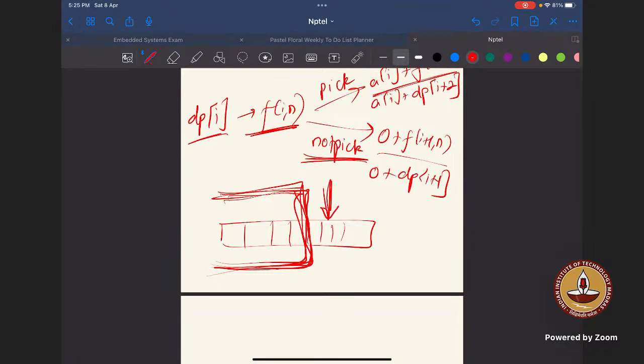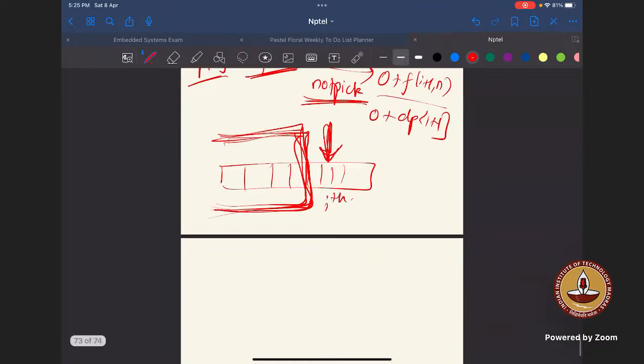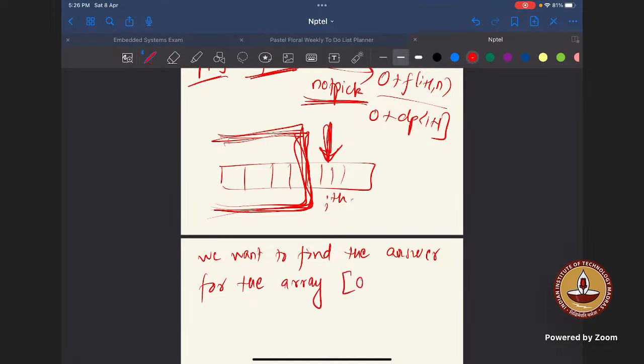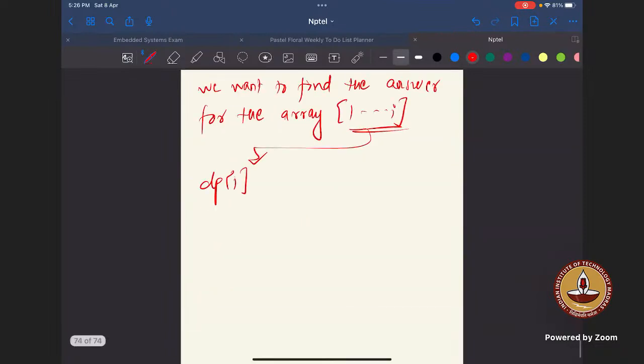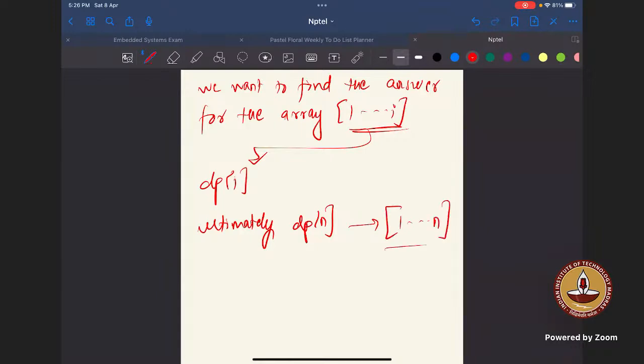And now for the ith element in this array, we want to find the answer for the array 1 to i, and this is represented by dp of i. So ultimately our final answer will be dp of n, because that will be the answer for the whole array, 1 to n.